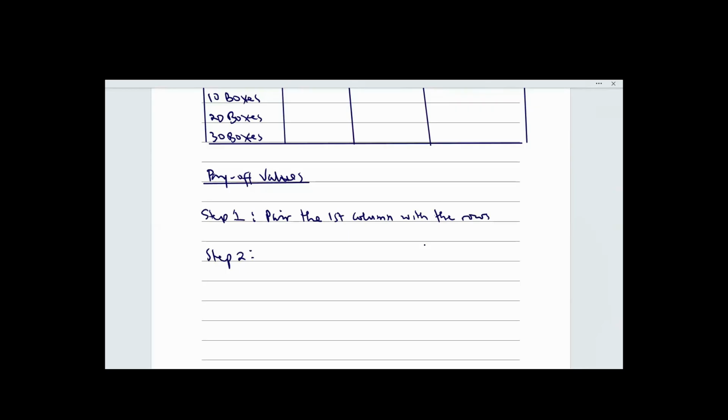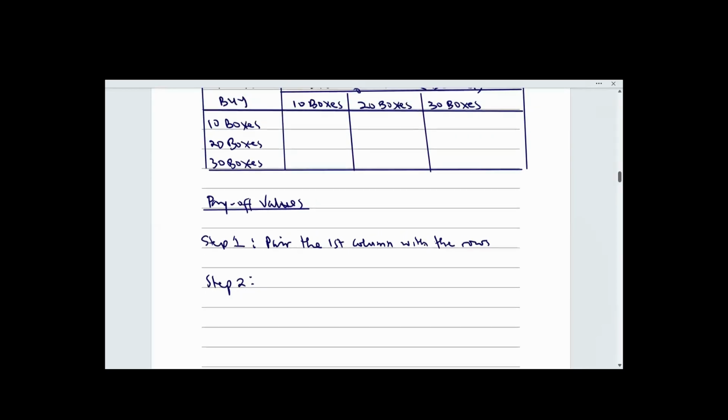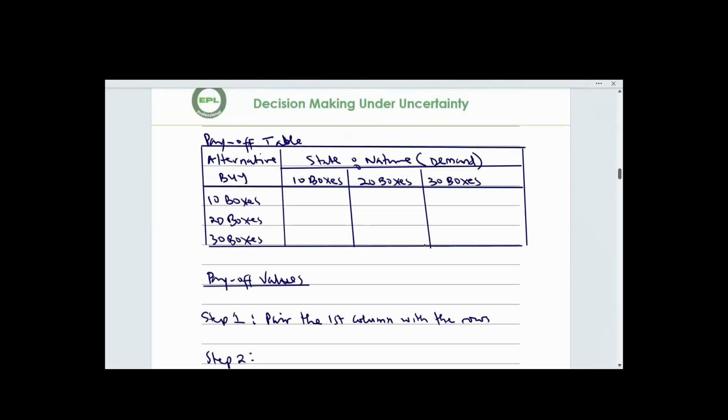The second step. Not in all cases are you going to do it this way. At times, your revenue or your contribution may be represented horizontally. What will tell you where to start from, whether from the column or from the horizontal axis, is wherever your contribution or revenue lies.